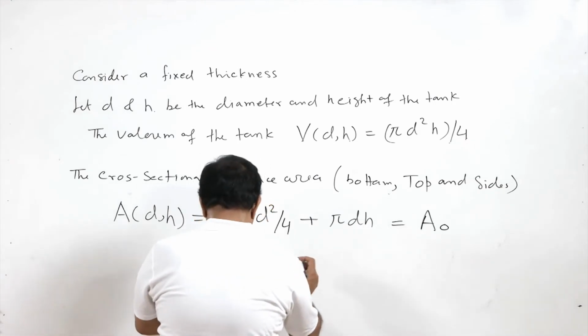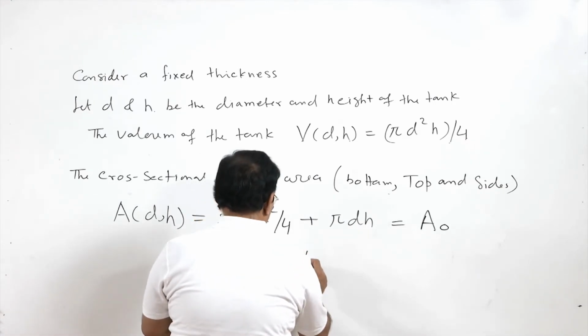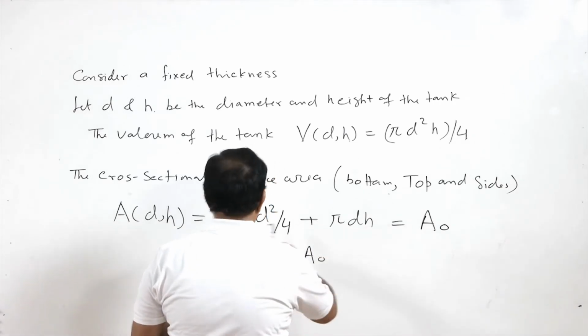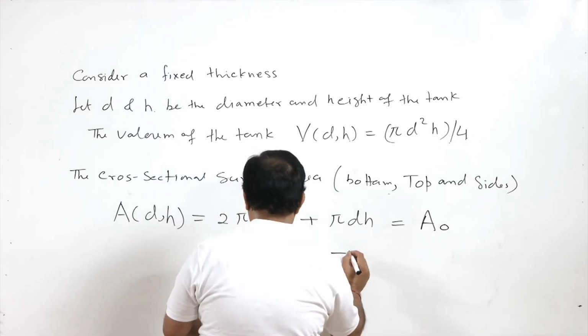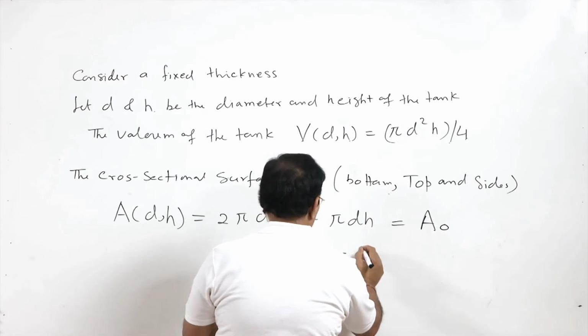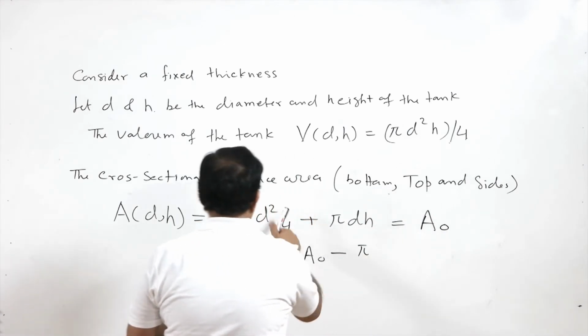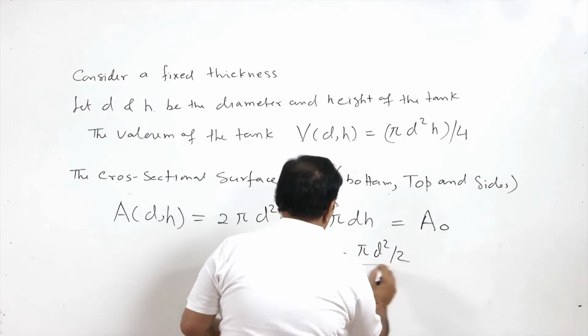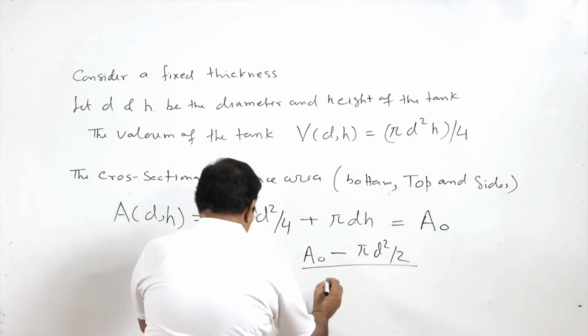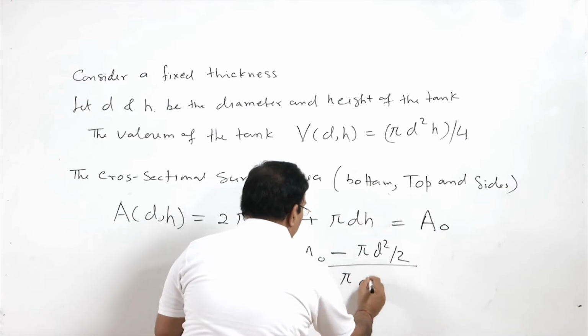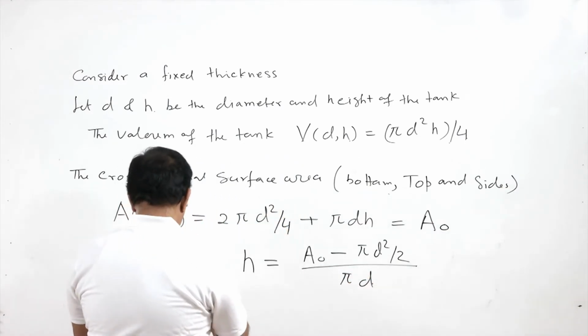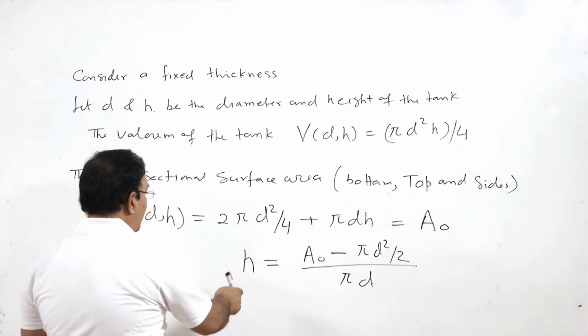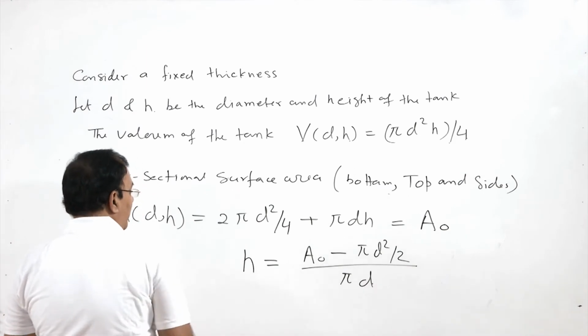So, my h is a naught minus pi d square by 2, divided by pi d.